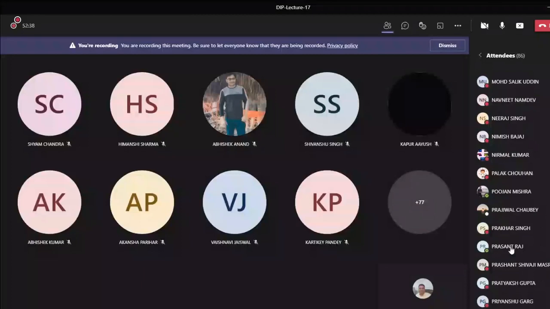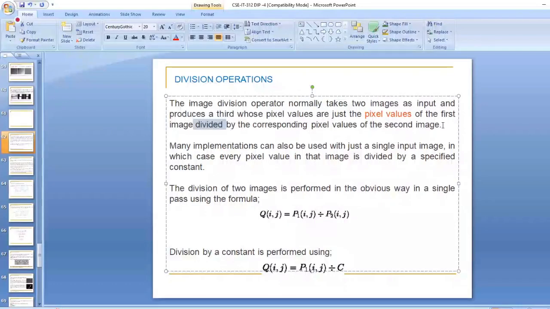The image division operation or operator normally takes two images as input and produces a third whose pixel values are just the pixel values of the first image divided by the corresponding pixel values of the second image. So this is the simple division. You have to divide pixel of one image by a corresponding pixel of the another image.